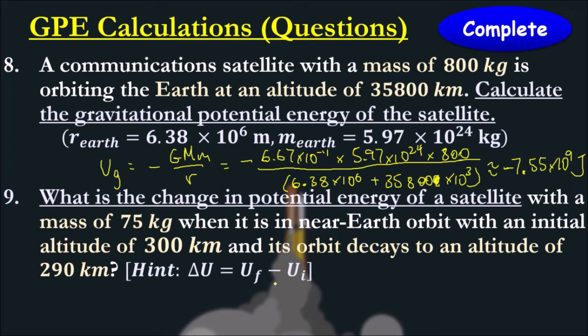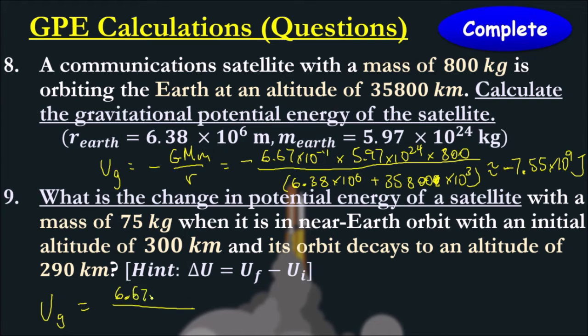Number 9 says, what's the change in potential energy of a satellite with a mass of 75 kg when it's near Earth orbit with the initial altitude as that, and then when it decays into this value here. So without showing the overall structure, let's just look at the final value.